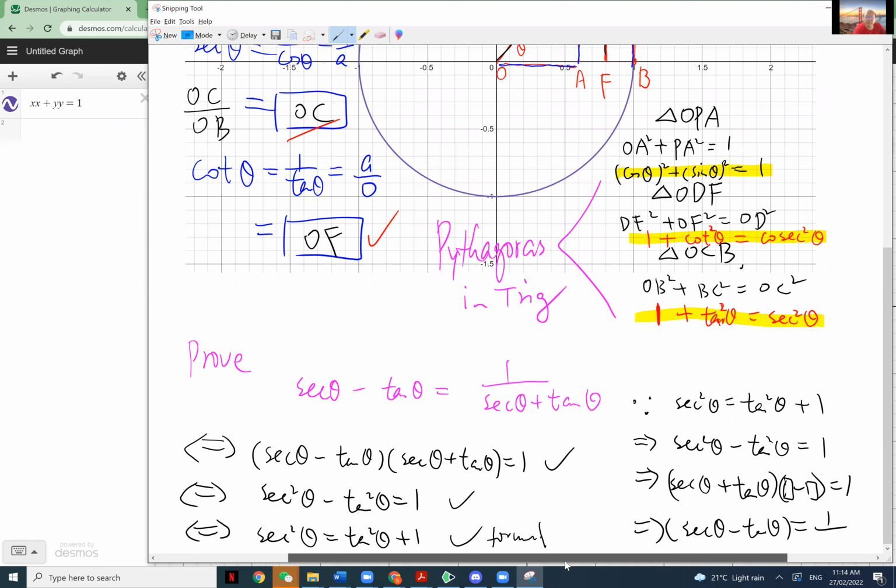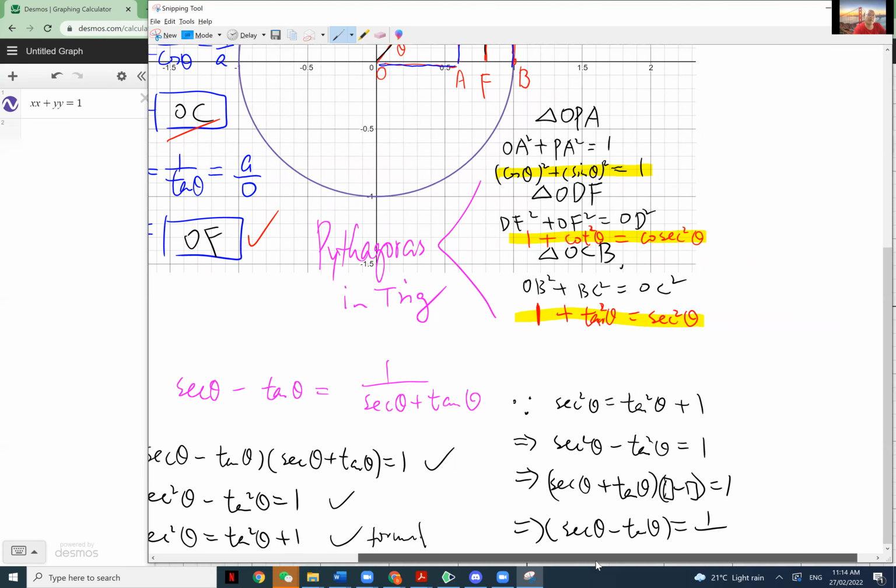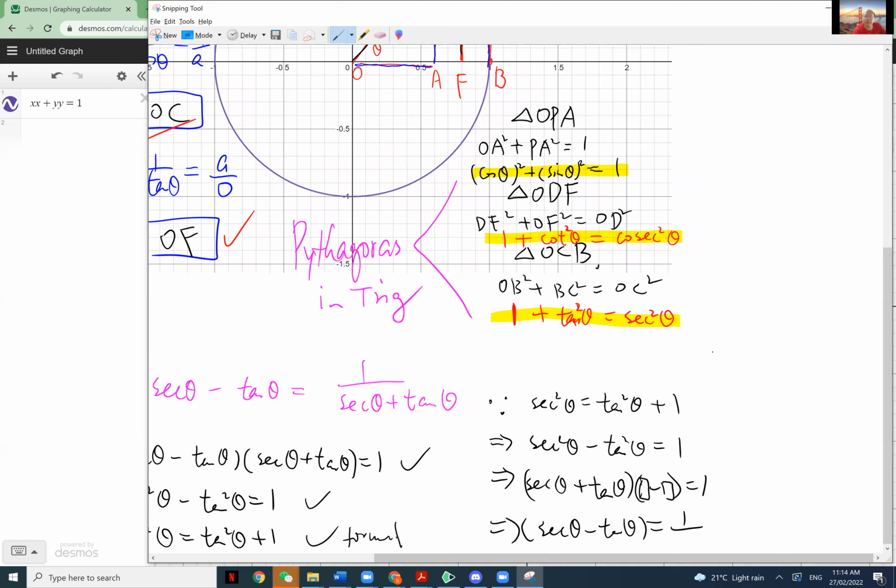Maybe school teacher prefers, but maybe school teacher is okay with both ways. Or the other way, we just start from left-hand side. Left-hand side is secant minus tan theta over 1. Okay. Oh, what can we do?